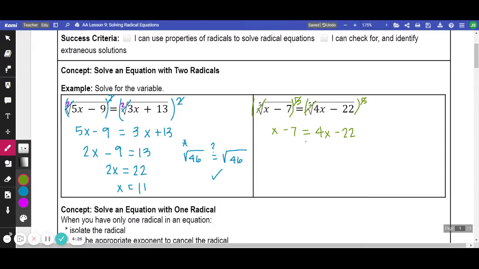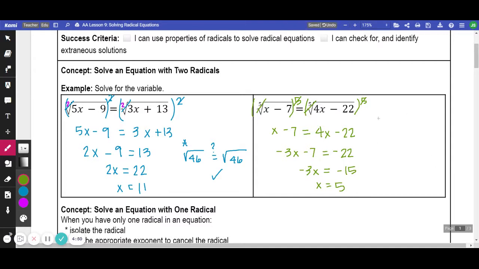If I subtract 4x from both sides, negative 3x minus 7 equals negative 22. Then add 7 to both sides. And if I divide by 3, I get x equals 5.